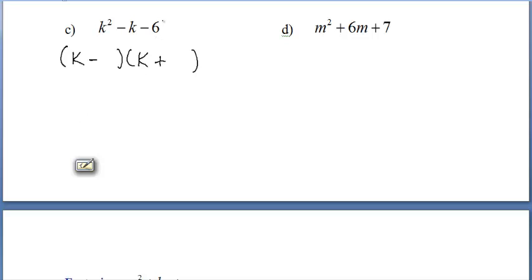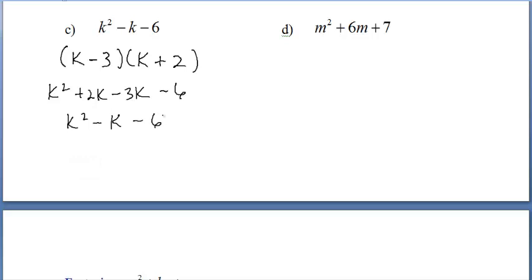And so now we're looking for the factors of a negative 6 that add to a negative 1. So that would be a 3 and a 2. Using the FOIL method to check, we get k squared plus 2k minus 3k minus 6, k squared minus 1k minus 6.